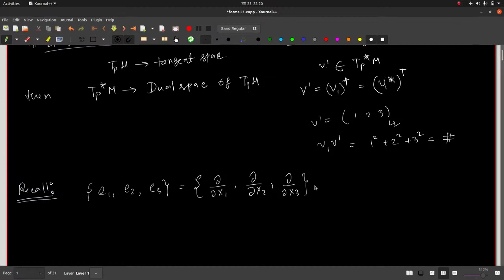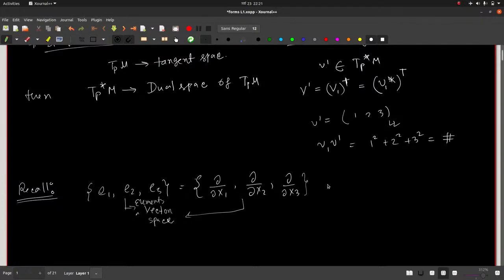So now the idea comes that since these are elements of vector spaces, how do you find the elements of these vectors on the dual space?